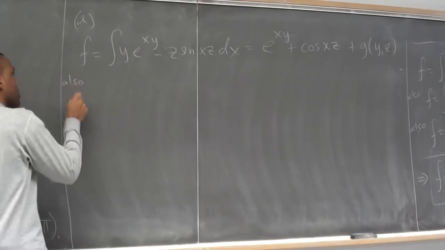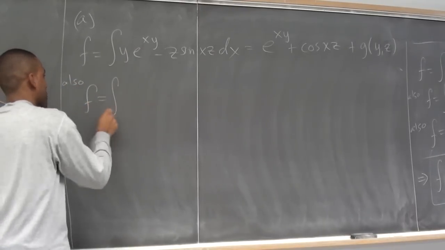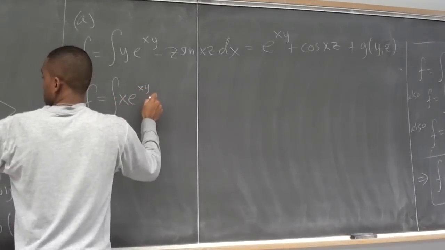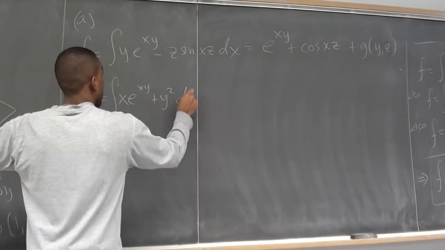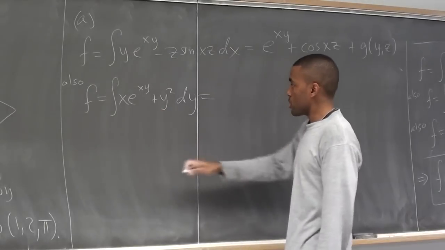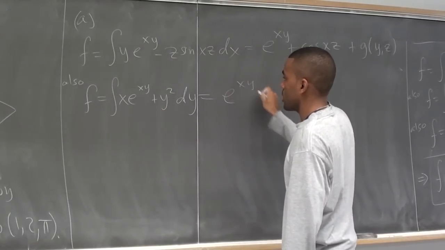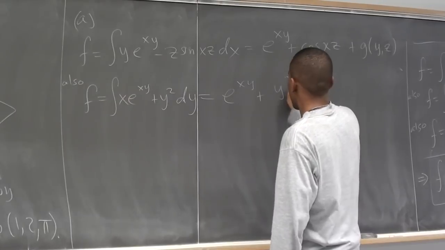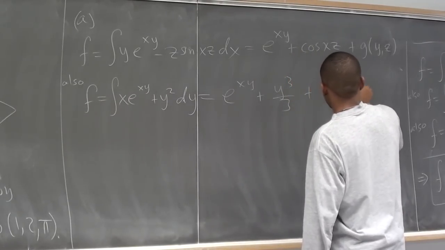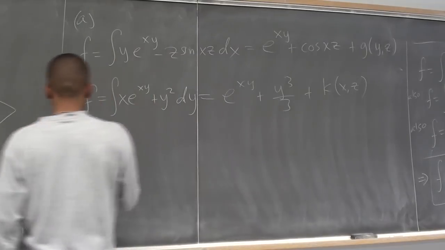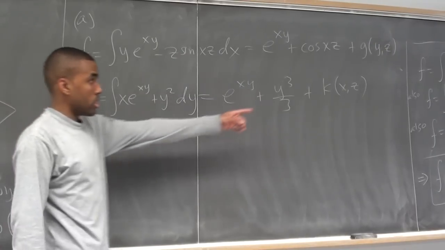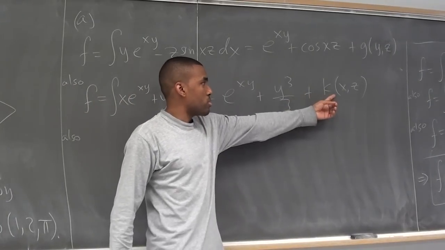So you have to remember your integration and differentiation. f is going to be equal to this guy integrated with respect to y. Now integrate that with respect to y, I get e to the xy plus y cubed over 3 plus some other constant of x and z. Do we have to write it like that, or can we just write c? Yes, you have to write it like that, because it doesn't have to be a constant.